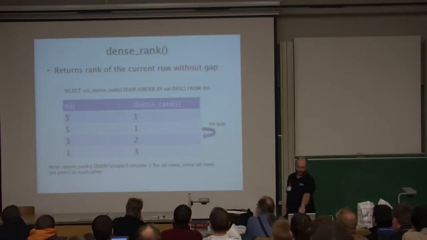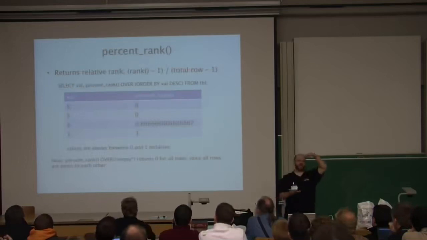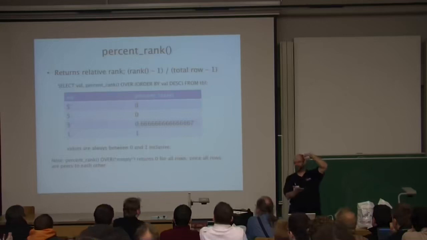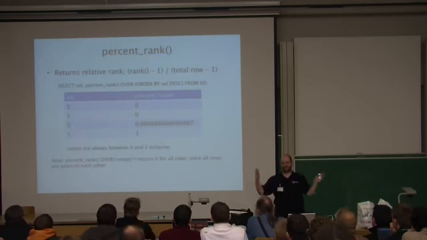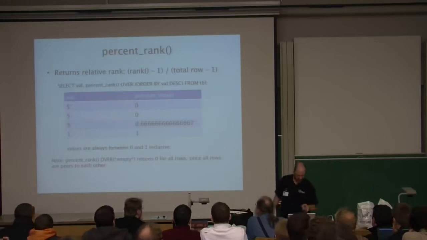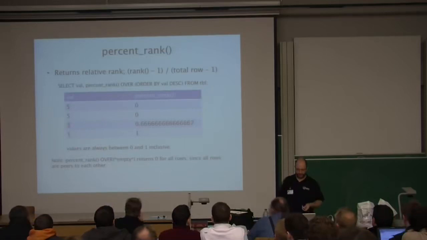Percent rank scales, normalizes it, not in the sense of database normalization, but in the sense of a vector. So it squeezes it all into the interval from 0 to 1. That's percent rank, which is the regular rank normalized to that interval.